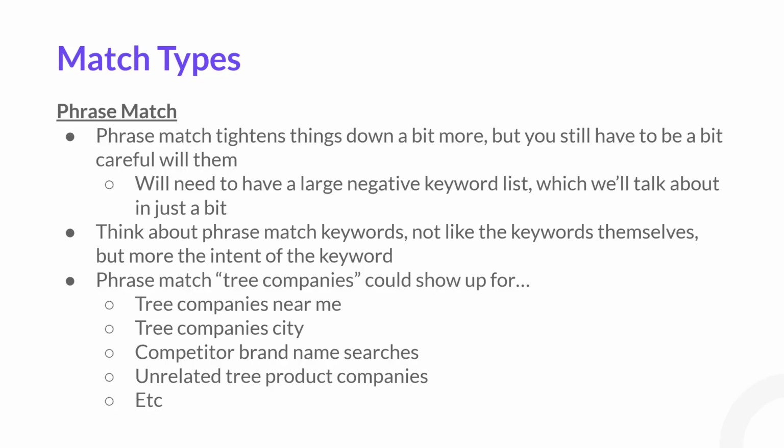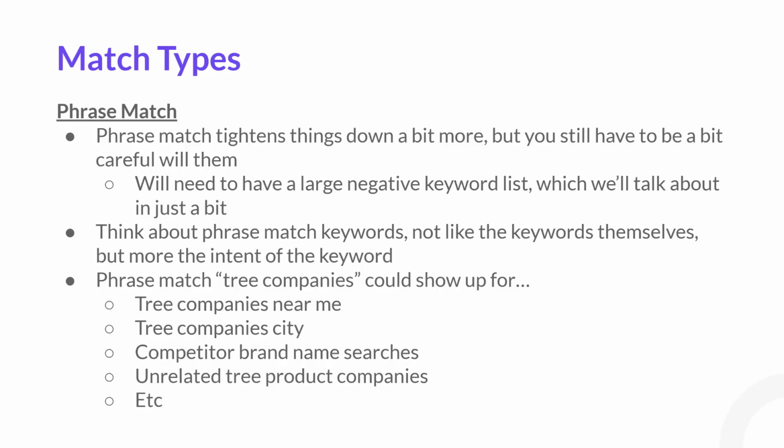And it's sometimes not super focused, so you do have to be careful with phrase match keywords. If they get too broad like this, like tree companies or just phrase match tree services, it can almost act a bit like a broad match keyword, where again, it's looking at the intent of the search and not the actual keyword.